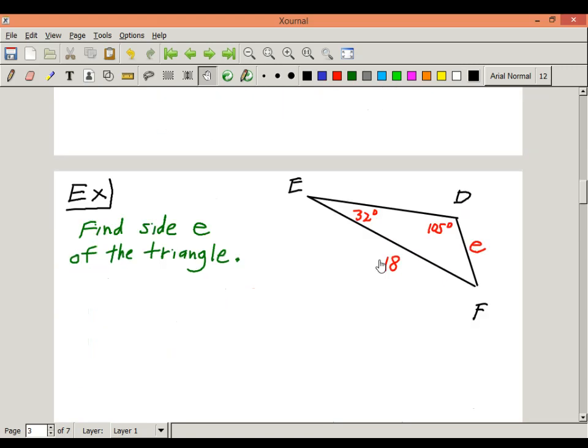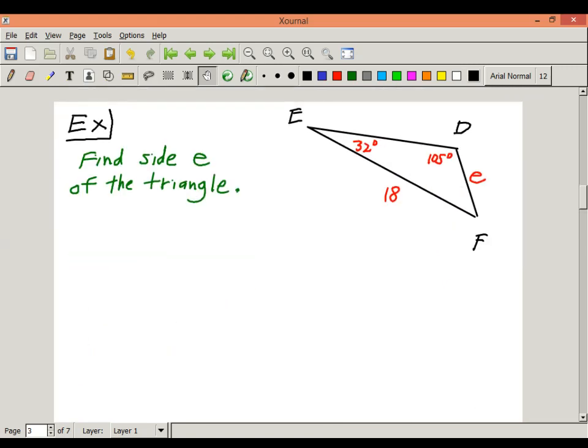Well, how does it work in the real world? Here's a triangle. We want to find side e. So we're going to set up a proportion in which we take a side, which is e, and divide it by the sine of the angle opposite that side, so the sine of 32 degrees.